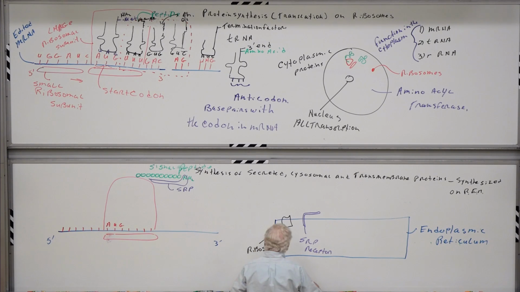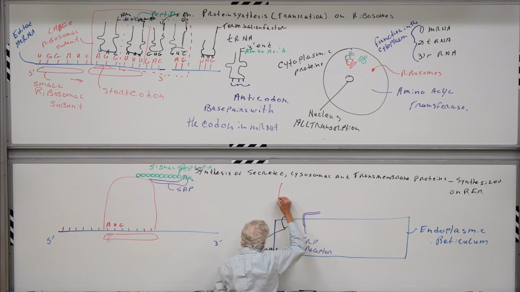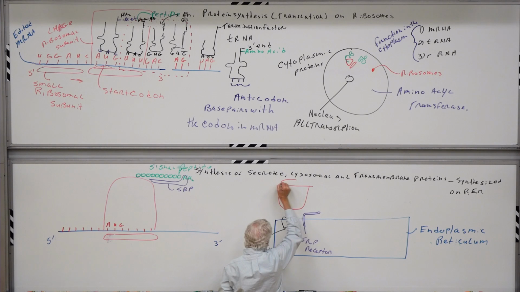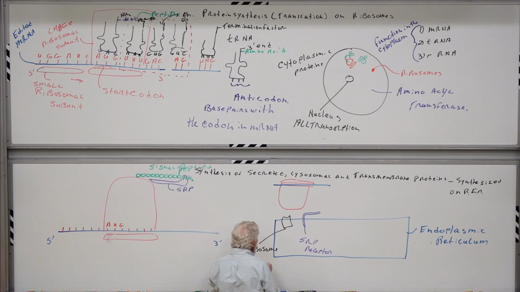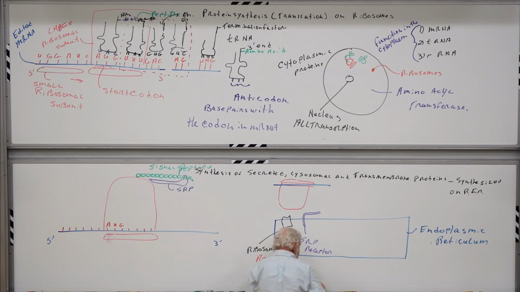Such that now the top hat here, with its associated small ribosomal subunit and mRNA, settle into this site. So the ribosome attaches, the ribosomal receptor binds to the ribosome. But let me finish this and I'll go as fast as I can.